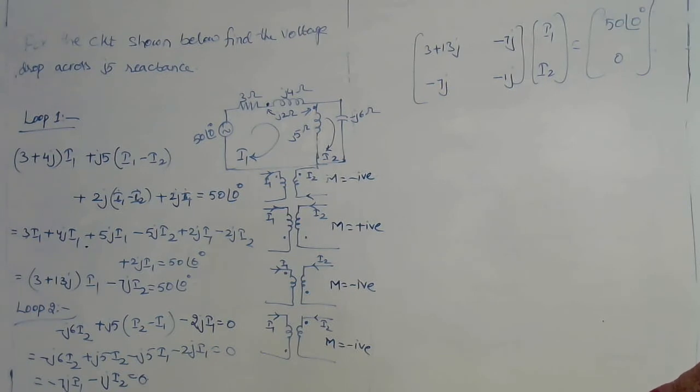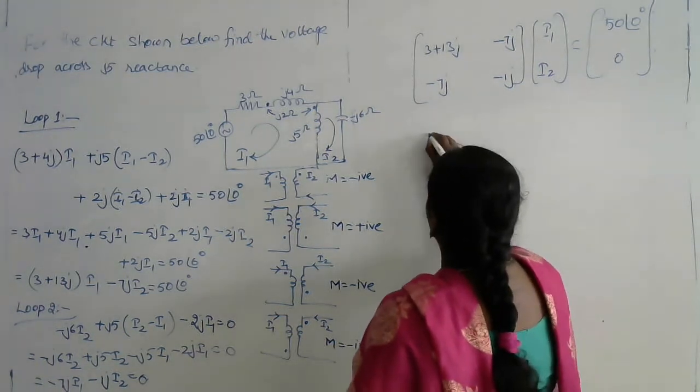So we can do it in both ways. One is I1 minus I2 into J5, or I2 into minus J6. So in order to do that, first we need to find out I1 current.